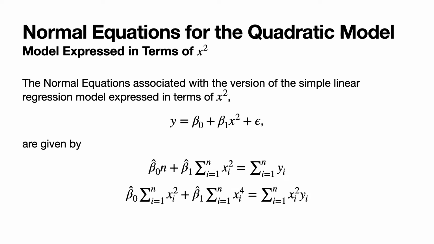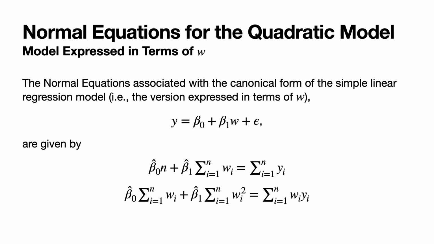And then finally, on the right-hand side of that second equation, instead of the sum of the x's times the y's, we have the sum of the x squareds times the y's. So we get these formulas by looking at the previous representation, where we have the w's, and these normal equations are expressed in canonical form, but we replace each w by x squared.